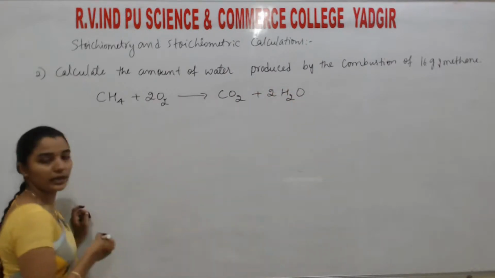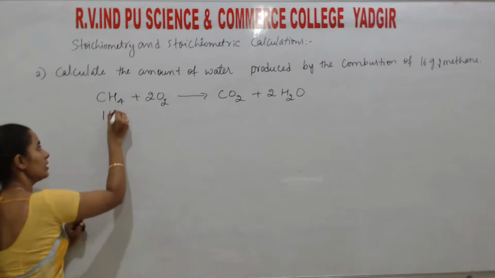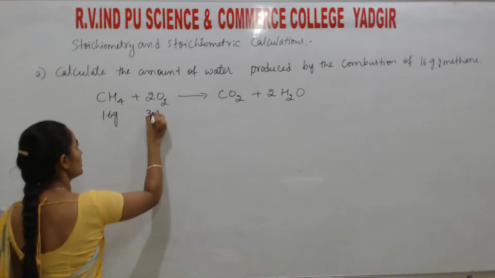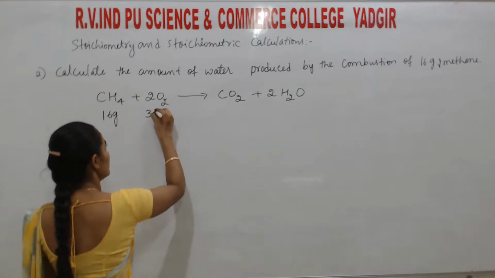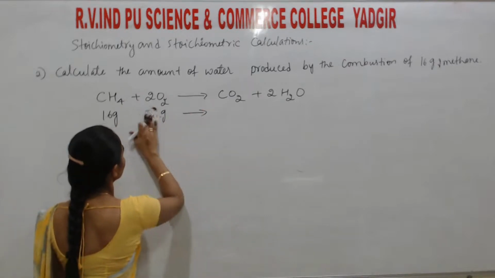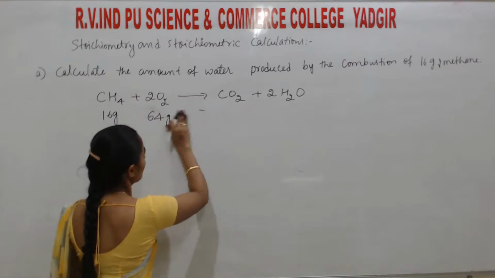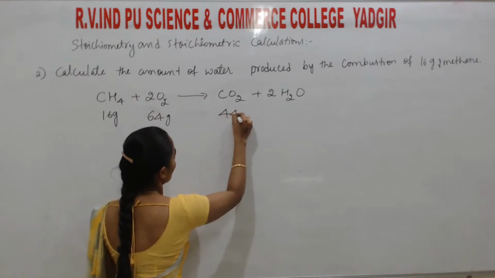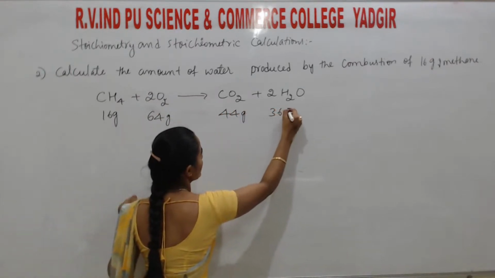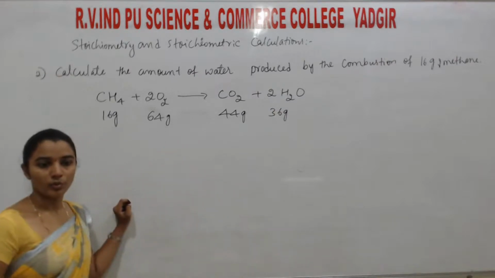In grams, 16 gram of methane combined with 64 gram of oxygen gives 44 gram of CO2 and 36 gram of H2O.